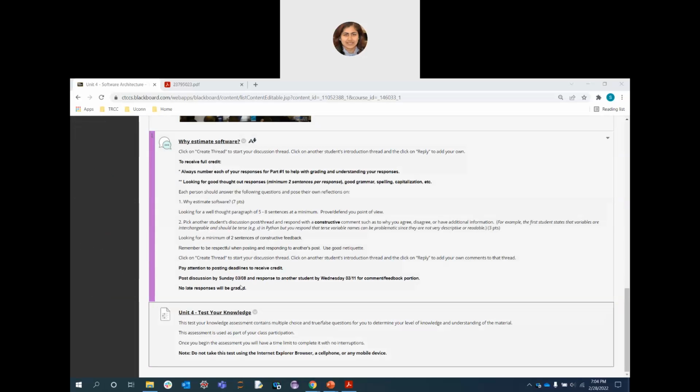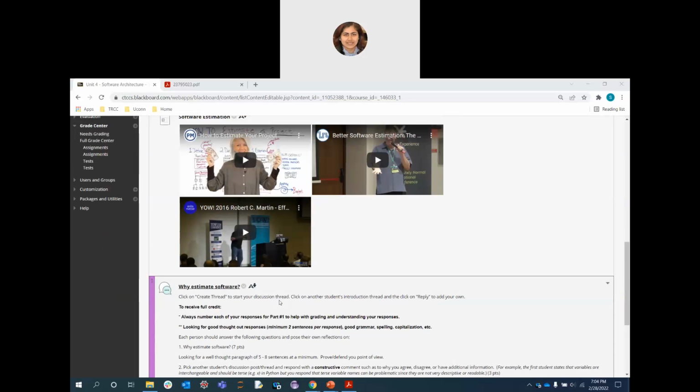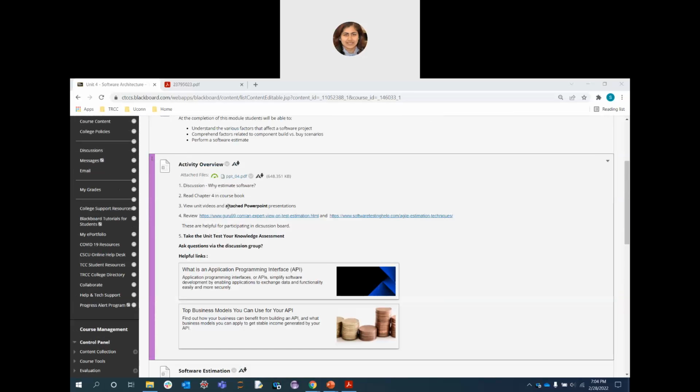Here is the discussion, why estimate software, and there is a test in this. Due dates are posted. After reading the chapter, see the PowerPoint and also read the content from the book, which will help you for attempting the test. There are two links provided here, one from guru99.com and another from Software Testing Help.